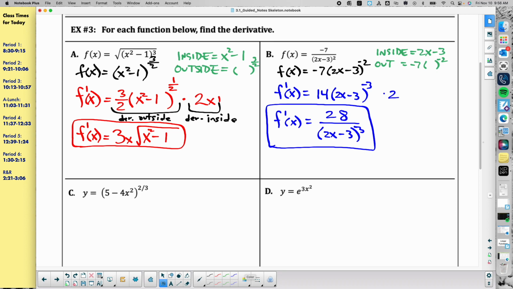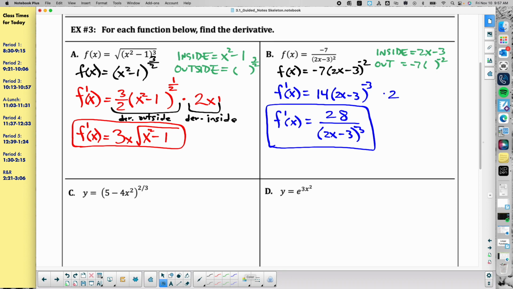I'm such a bad singer, I have no idea how to even reproduce it. It's an old song. If you type chain, chain, chain, it'll come up on your phone. It's really going to bother me now. They had the Raisins as singers, and they always had them sing these old songs. But one of them is about a chain, like a chain gang. And so there's a chain gang song for doing chain rule.